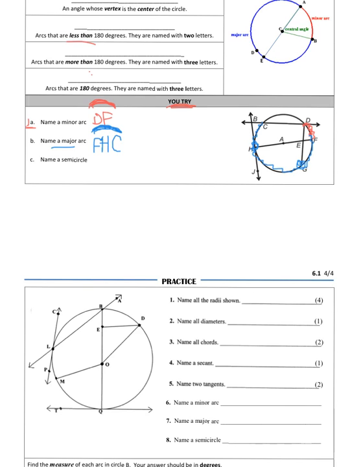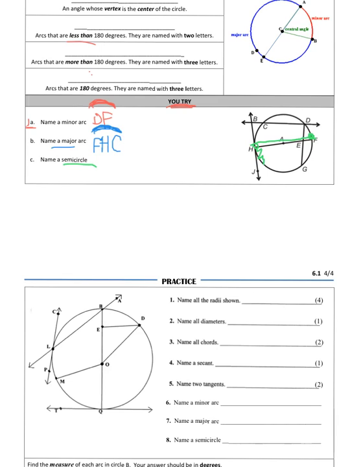Next one I'm talking about is a semicircle. As I said, a semicircle is exactly halfway around. To make sure that I go halfway around, though, I want to look for the diameter of my circle. So my diameter, it looks like, is going to be HF.